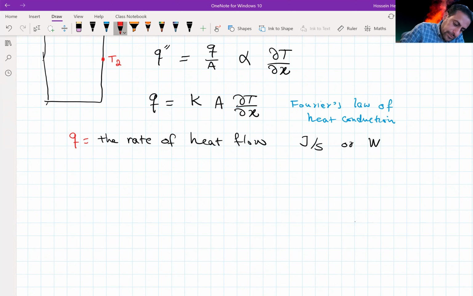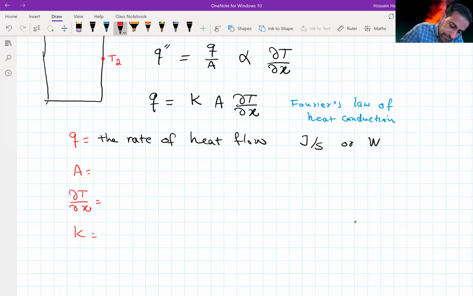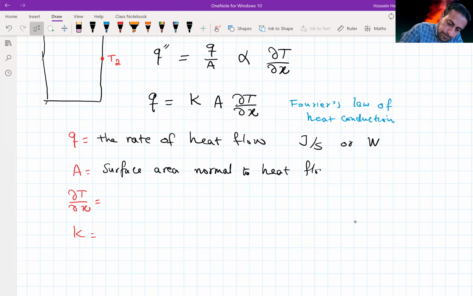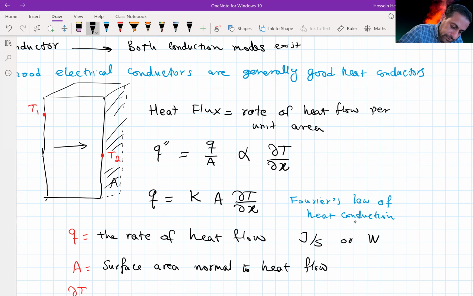We have area, we have dT dx, and we have K. A is surface area normal to heat flow. So for this example, if we have this solid slab or solid wall, this is going to be the area that is normal to the heat flow that's passing through this solid.